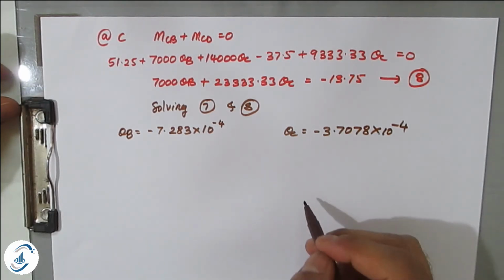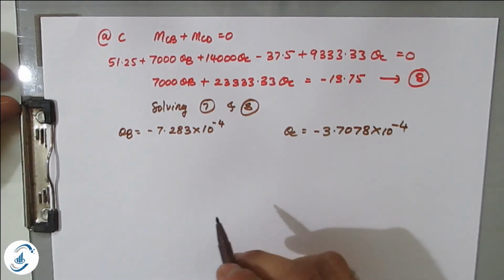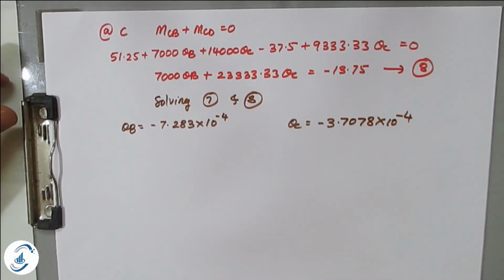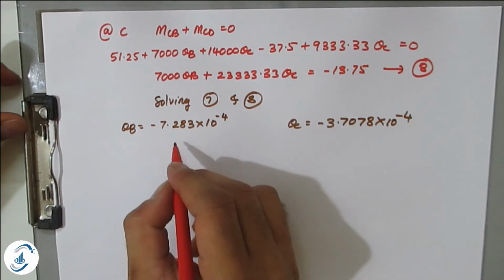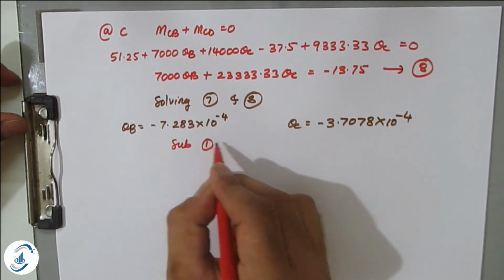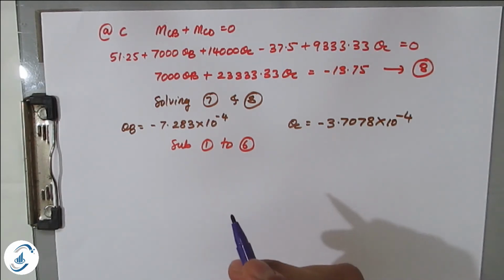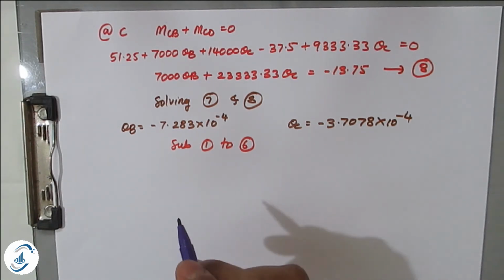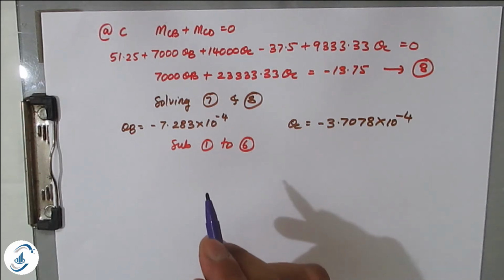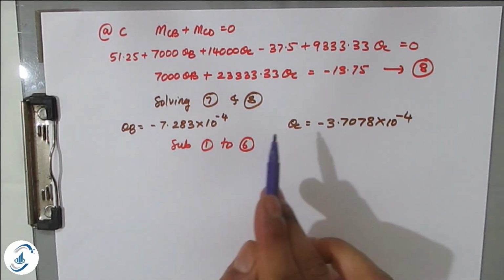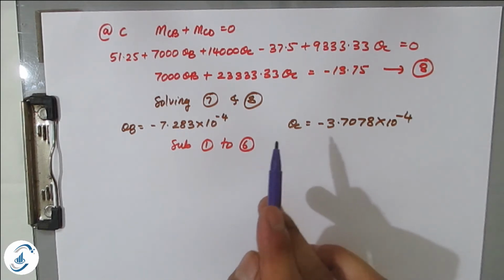So now you have got the rotations at support B and C. So now you have to substitute these two values in equations 1 to 6. The equations 1 to 6 which you have arrived at, in those equations you have to substitute these theta B and theta C values and get the final moments.